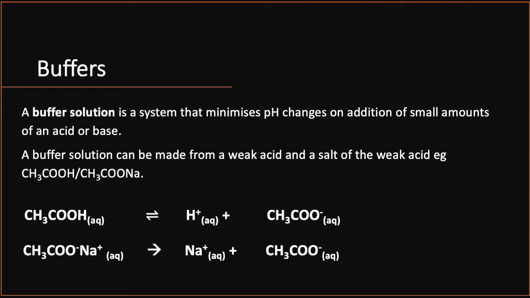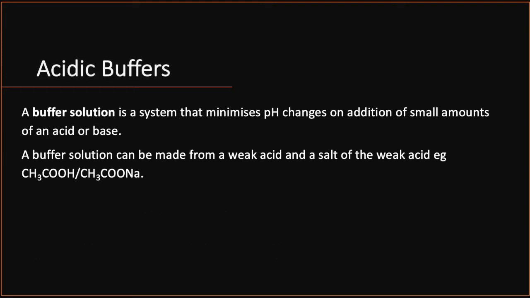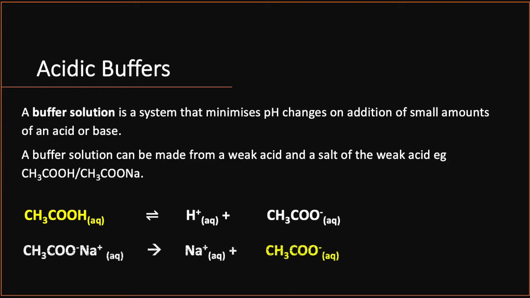The weak acid provides lots of acid molecules, so lots of ethanoic acid molecules, and adding sodium ethanoate means that we also have in the equilibrium lots of ethanoate ions. So we have our ethanoic acid, which is in equilibrium, and we also have our sodium ethanoate dissolving in water, which obviously isn't in equilibrium, but will contribute ethanoate ions to the equilibrium.